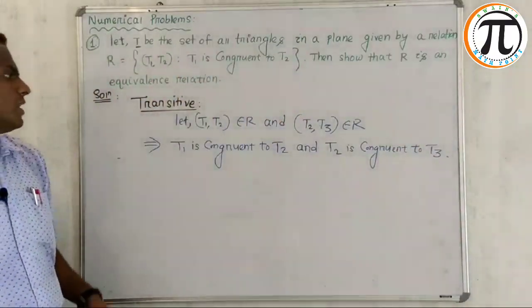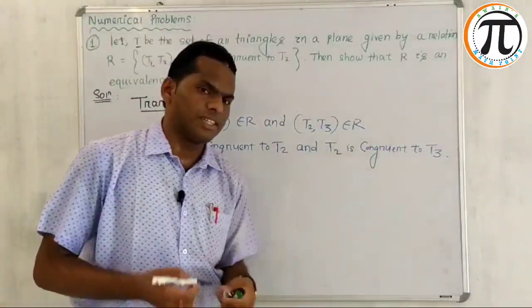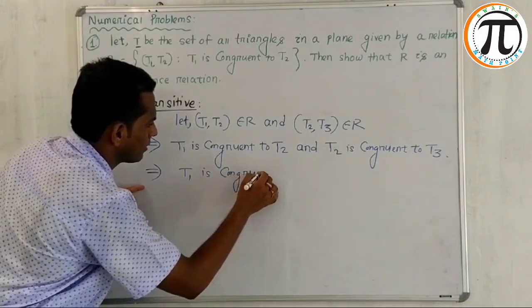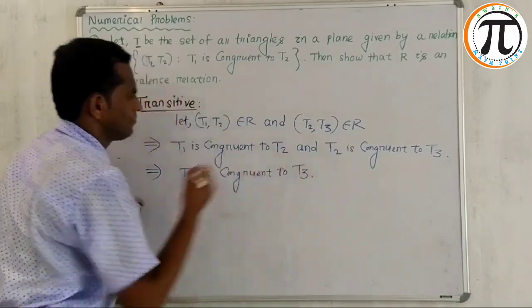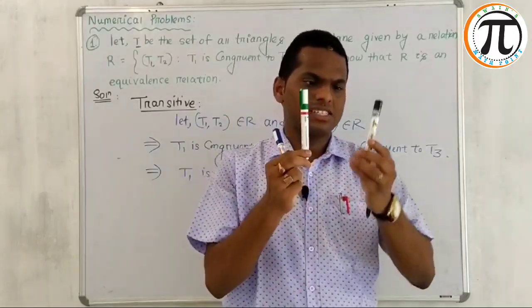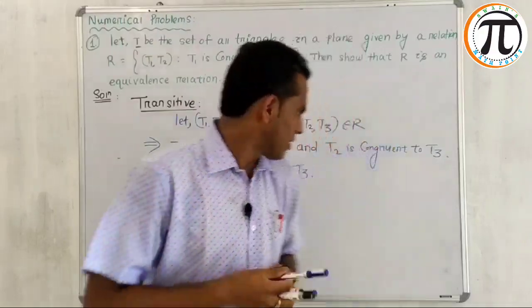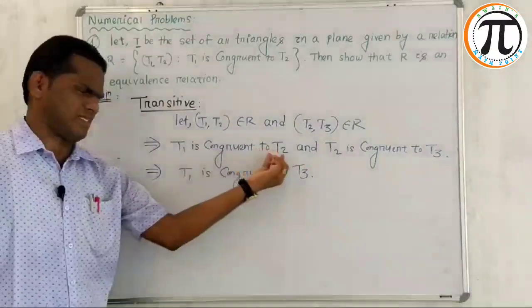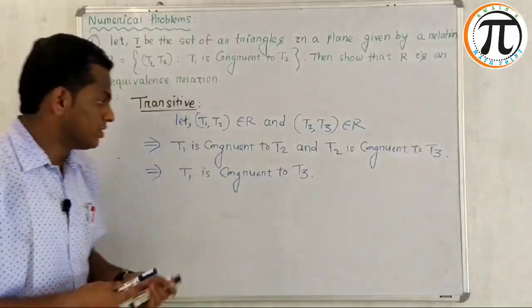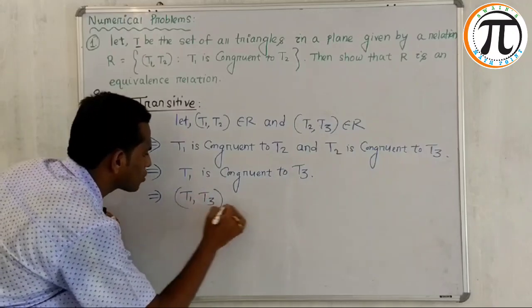This is the given. So एक बात बताओ, T1 is congruent to T2, T2 is congruent to T3, that means automatically T1 is congruent to T3, है कि नहीं? Clear or not? If blue marker is similar with the green marker, again green marker is similar with the black marker, you can easily tell this blue marker is similar with black marker. Okay, so in this way you can prove that T1 is similar with T2, T2 is similar with T3, automatically T1 is similar with T3. So this sentence का mathematical expression क्या होगा? T1, T3 belongs to R, है कि नहीं?